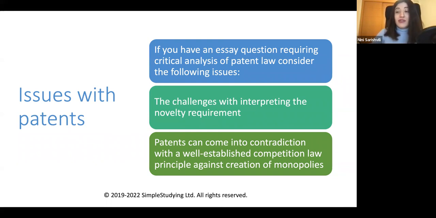And also, one more interesting thing about the law on patents is that it comes into contradiction to a well-established competition law principle against the creation of monopolies.